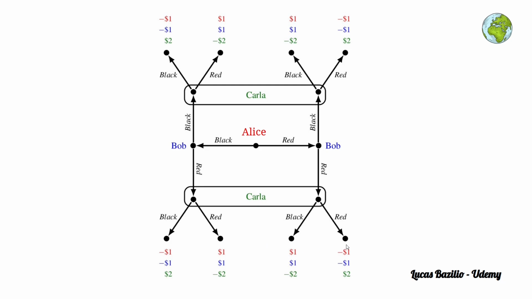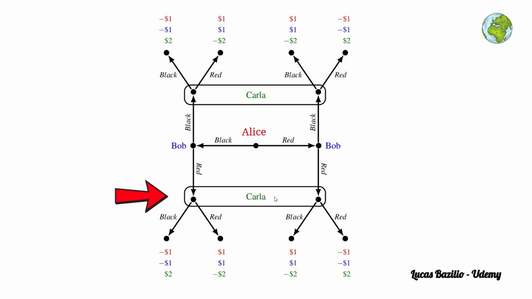Recall that the outcomes correspond to the terminal nodes in a game tree. Notice moreover how we enclose an information set with a rounded rectangle. This is something that we saw at the beginning of this section. So let us now analyze this first information set. Notice that Carla's top information set captures the situation she is in after hearing Bob say, Alice chose a black card, and also not knowing if he's telling the truth, which is the left node, or he is lying, which is the right node.